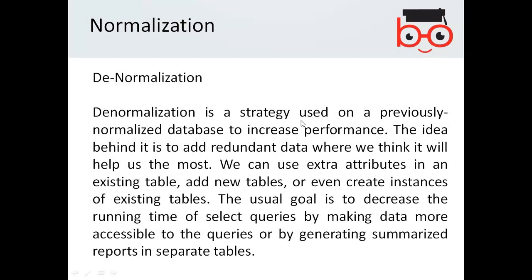Denormalization is a strategy used in a previously normalized database to increase performance. When you normalize the database, you basically create additional tables to make it clear and make the relationships between the tables, to make it more accessible. But at some stage, you really need to denormalize.